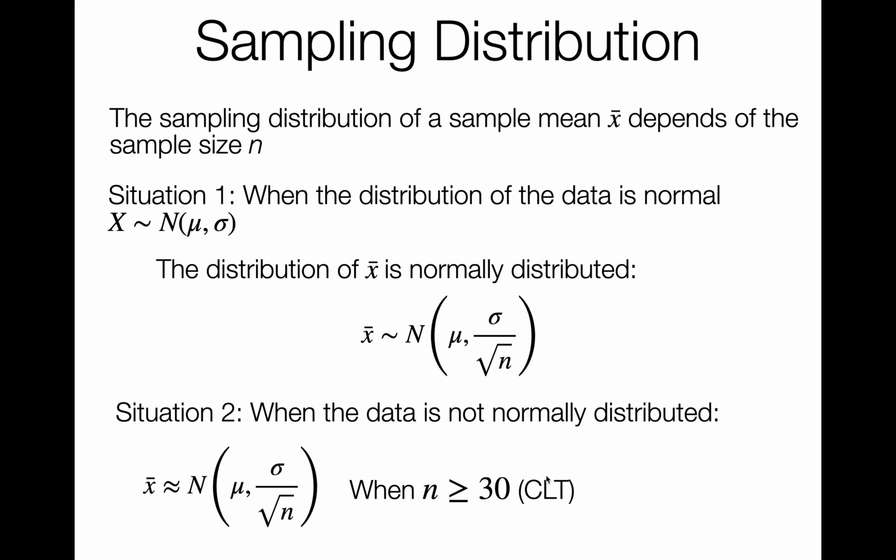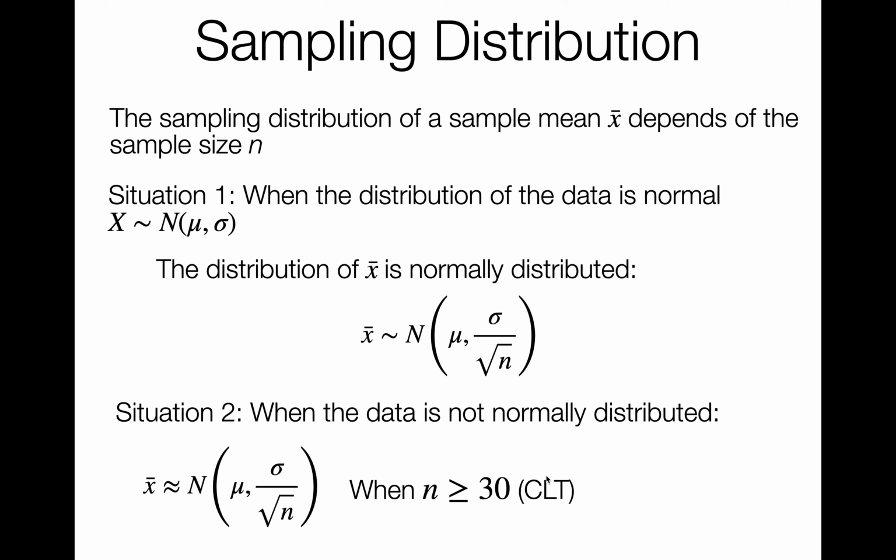There are slight differences, and the big difference is that situation 2 has a condition with it. Situation 1 does not. That's always true. Situation 2 is true only when certain conditions are met. The condition that needs to be met here is that n needs to be greater than or equal to 30.